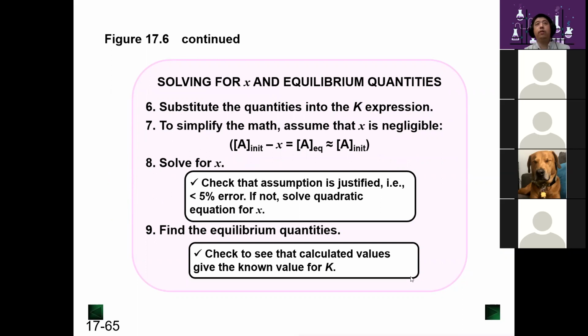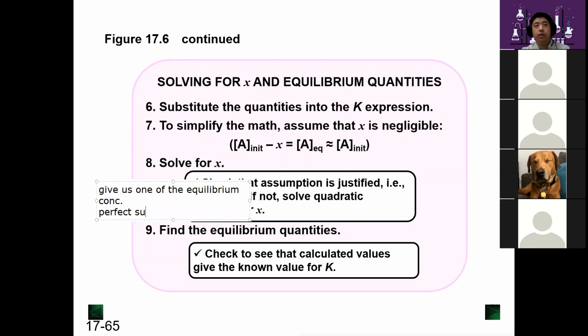Now, with that said, one other thing I want to bring up: you always want to avoid quadratics. So we want to look for things where they give us one of the equilibrium concentrations. Or they give us perfect squares, where you can do the square root of them. So something times something, let's say something squared over something squared, you can just square root that.